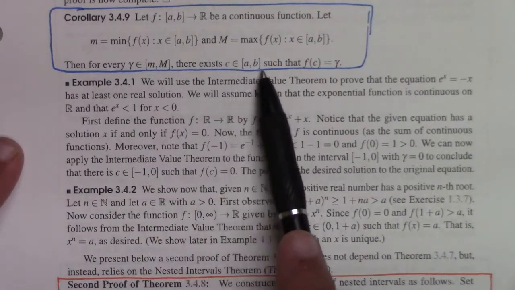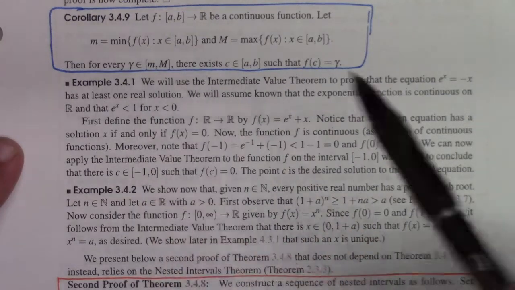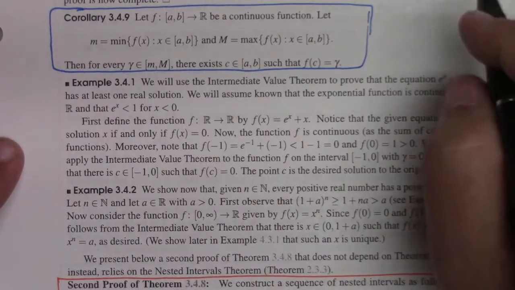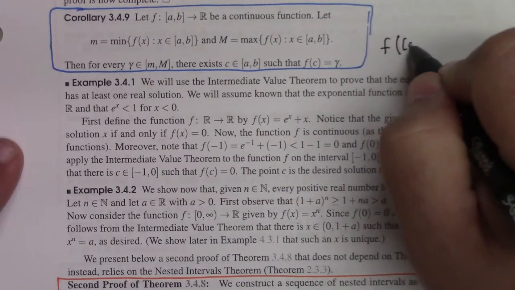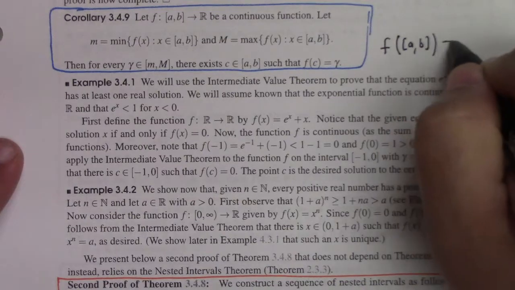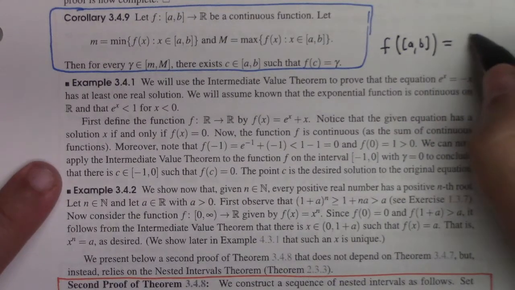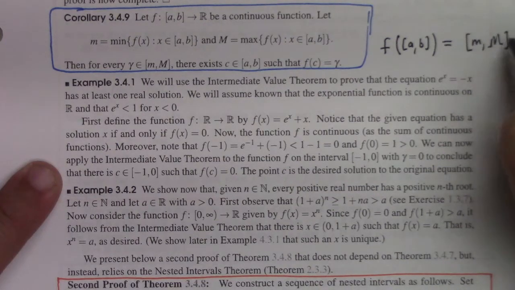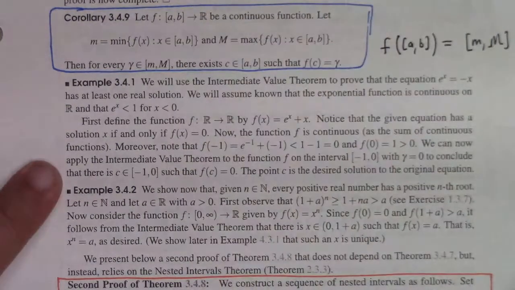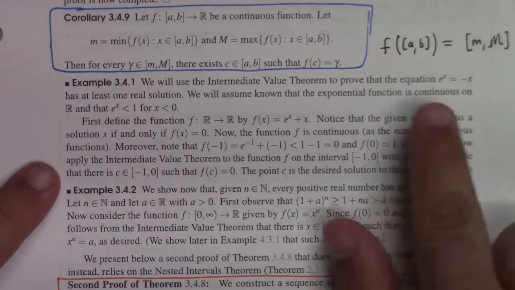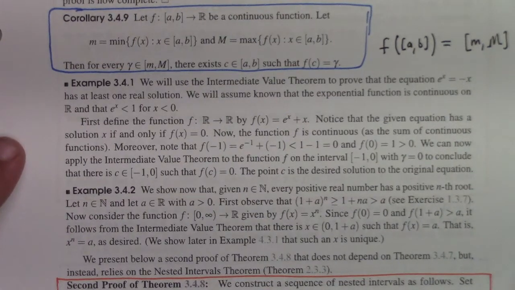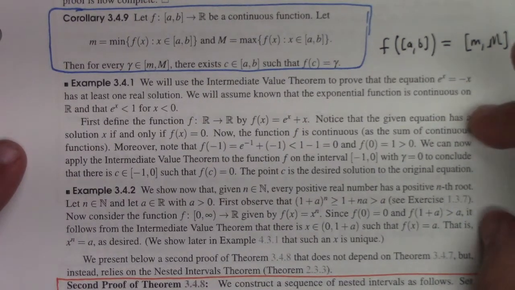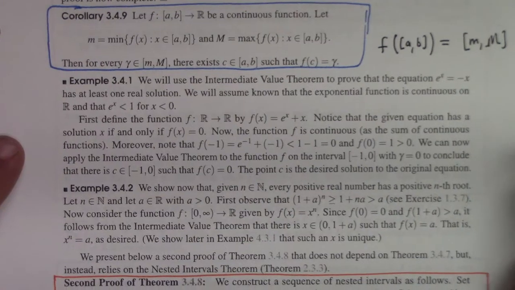There exists a c such that f of c is equal to gamma for every gamma in there. Another way to write this would be that f of the closed interval [a, b] is equal to the closed interval [m, M]. So if you wanted to state this corollary compactly in set theoretic notation, it's just this statement right here.